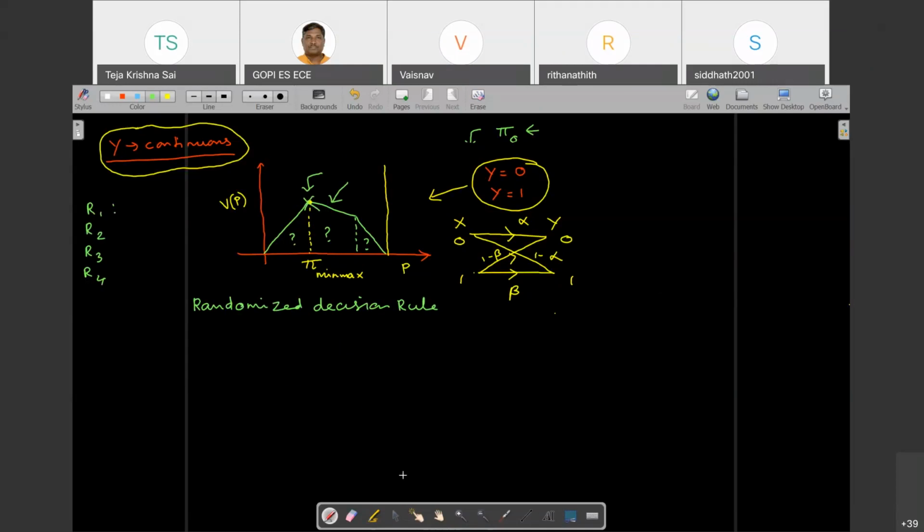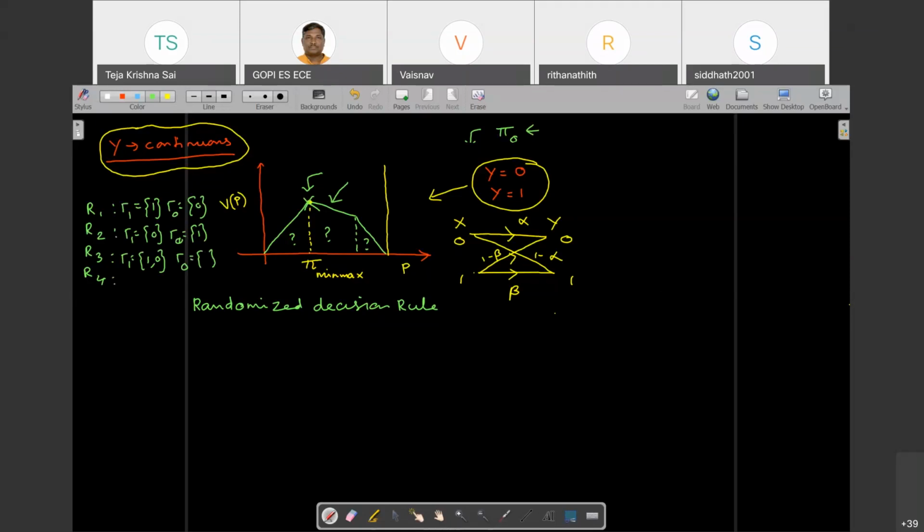So can you tell me that rule number? Rule 1: gamma 1 is 1, gamma naught is 0. Then rule 2: gamma 1 is 0, gamma naught is 1. And then rule 3: gamma 1 is 1, gamma naught is null.